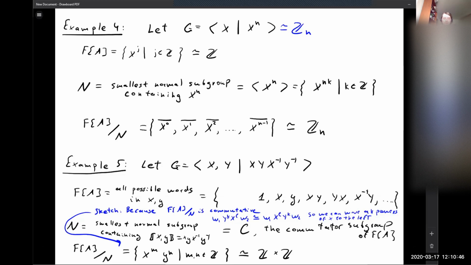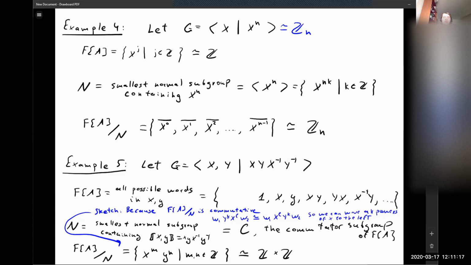I'm a little confused how we're using the commutator subgroup in this application. When we're trying to find the quotient group, we know that N is the commutator subgroup. So how are we applying that to divide? That's an excellent question. Remember a couple of lectures ago when we talked about the commutator subgroup, we said that it is important precisely because it gives us the criterion for when the quotient group is abelian.